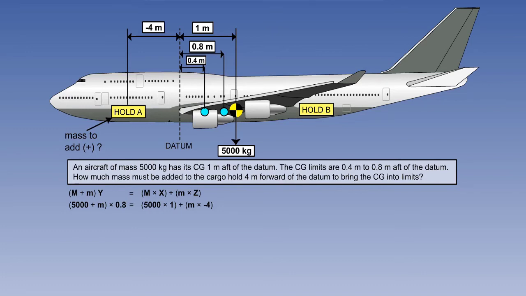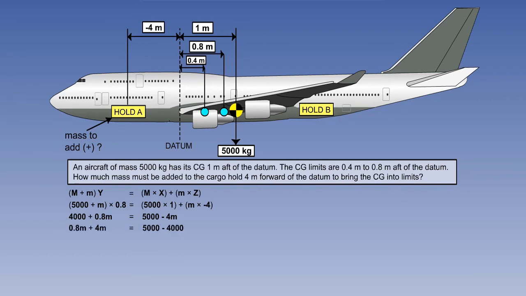Add, in brackets, little m times distance from datum z, minus 4. Resolving the first line will now give us, on the left side of the equation, 4,000 plus 0.8 little m, and on the right side, 5,000 minus 4 little m.